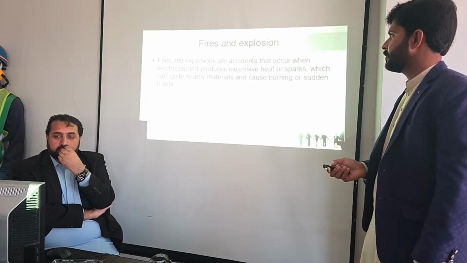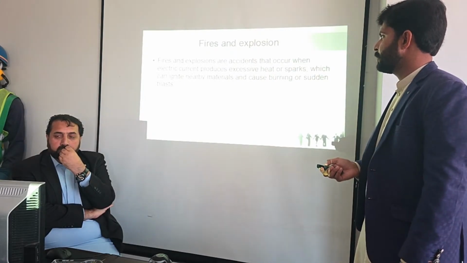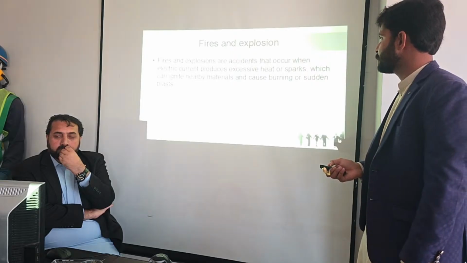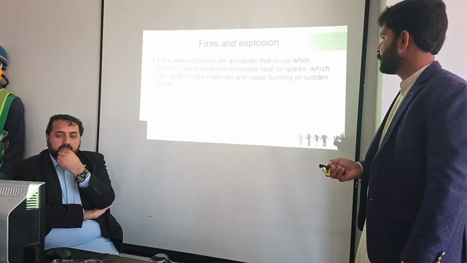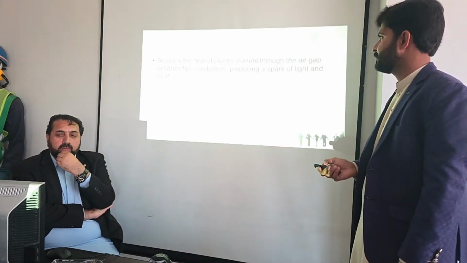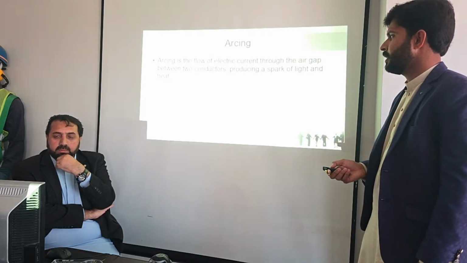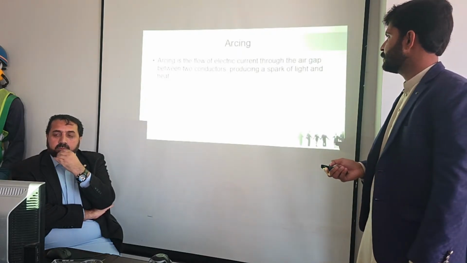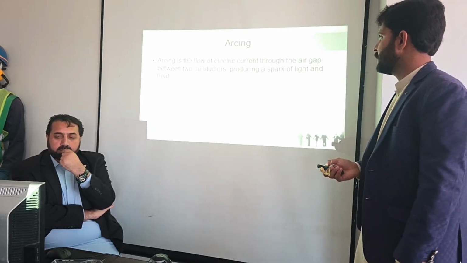Fire and explosion. Fire and explosion are accidents that occur when electric current produces excessive heat or spark, which can ignite nearby material and cause burning or sudden blast. Arcing. Arcing is the flow of electric current through the air gap between two conductors, producing a spark of light and heat.